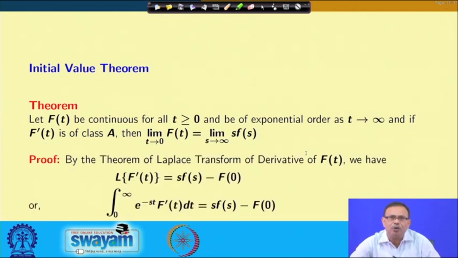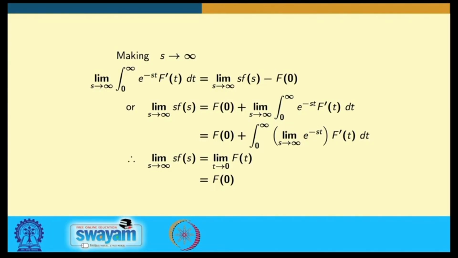The proof whatever I told, that I have just written, so that making s approach infinity, you are getting this. You will come back to this line, and from there f(0) plus limit s approaches infinity of e to the power minus s t integrated from 0 to infinity, which will become 0. So that you will obtain limit s approaches infinity of s F(s), which is equal to limit t approaches 0 of f(t), and this you can write as f(0).